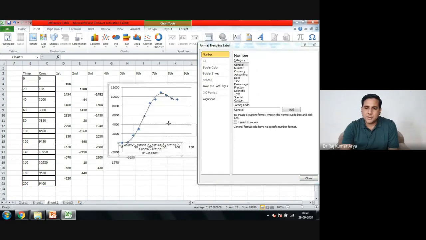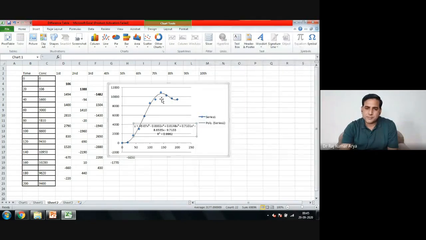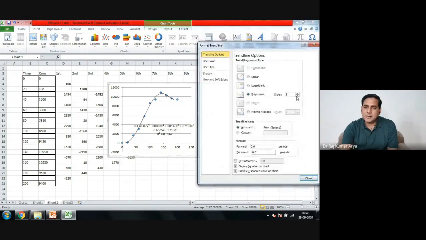This is your equation of the line, and this is your R square, 0.996. As you go close to 1, your fitting becomes better and better. So that way you can always try to improve the fit.